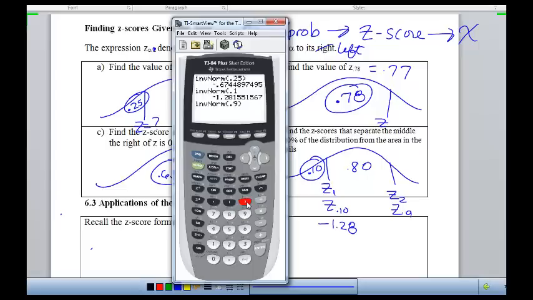Okay, remember that we have to have the total area to the left. So we already saw we had 80% in the middle, plus this additional 10% in the tail. So 0.1 plus 0.8, total area was 0.9. Okay. All right, and we could have guessed that this was symmetric since we put that 80% right in the middle, so it would have been minus 1.28 and positive 1.28. Okay, questions about that?